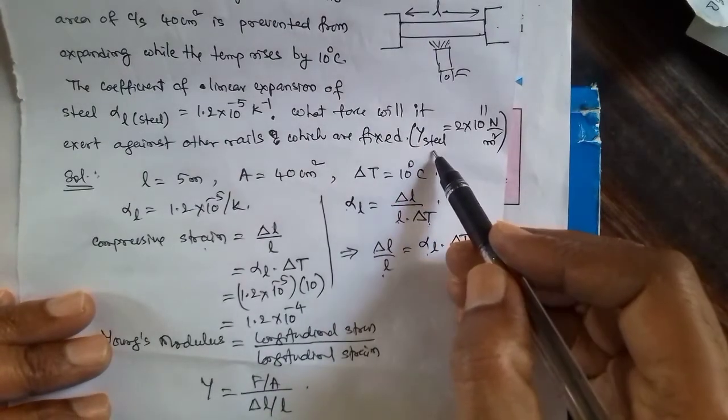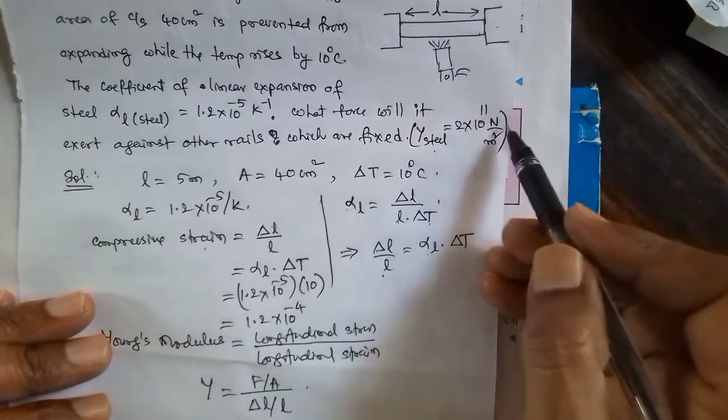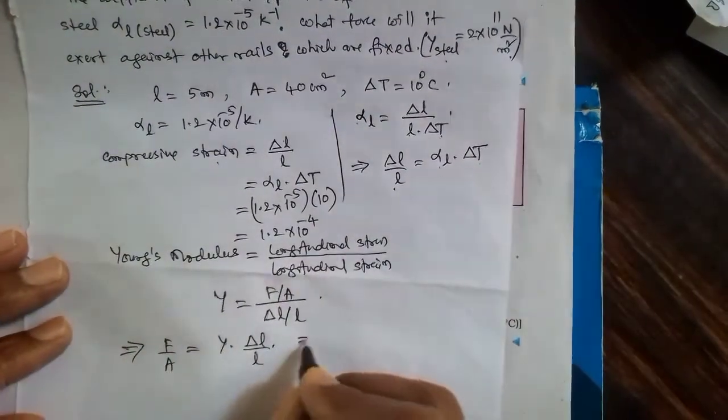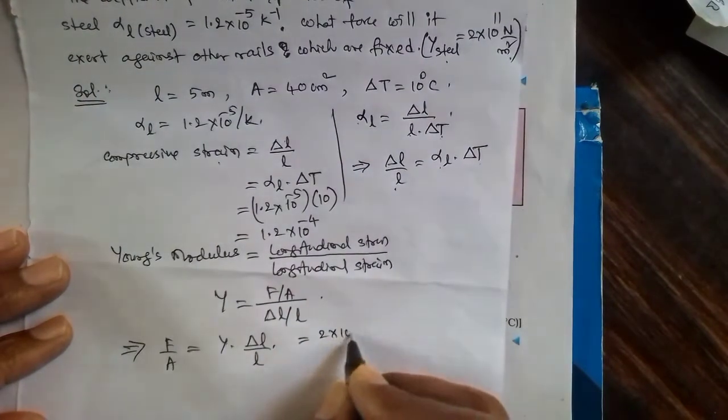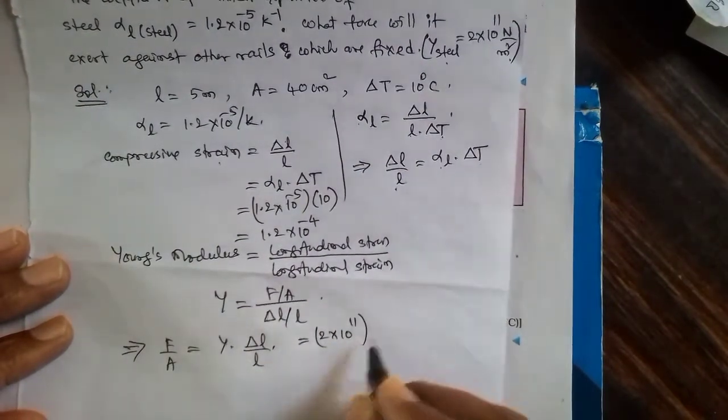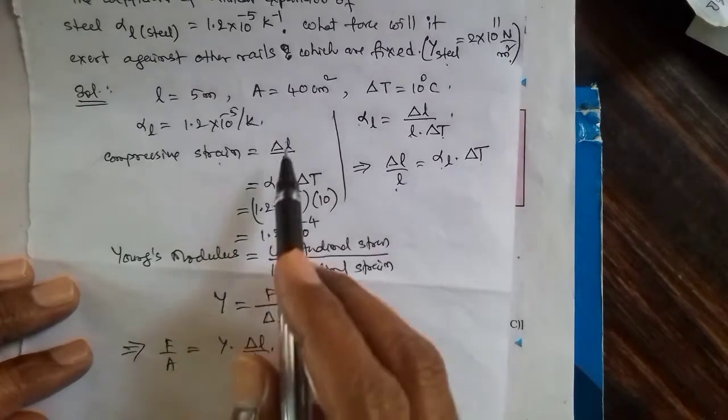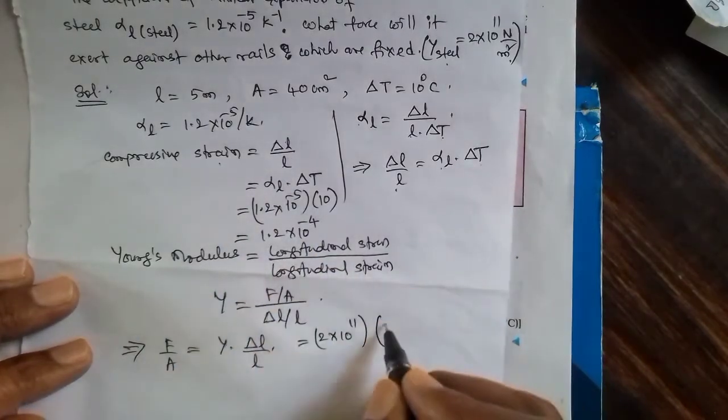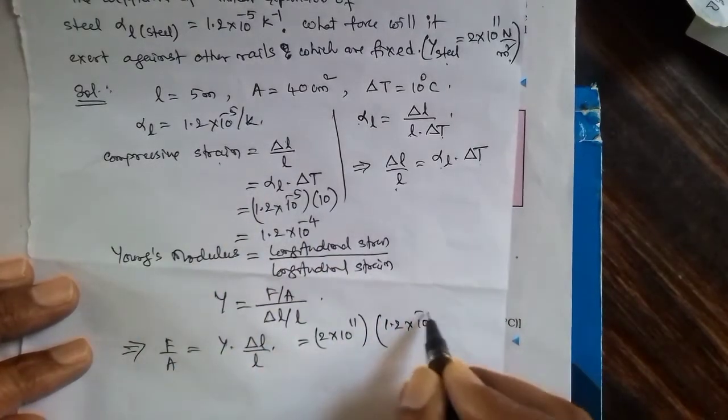Young's modulus of steel is 2 into 10 to the power of 11 Newton per meter square. Delta L by L we got here 1.2 into 10 to the power of minus 4.